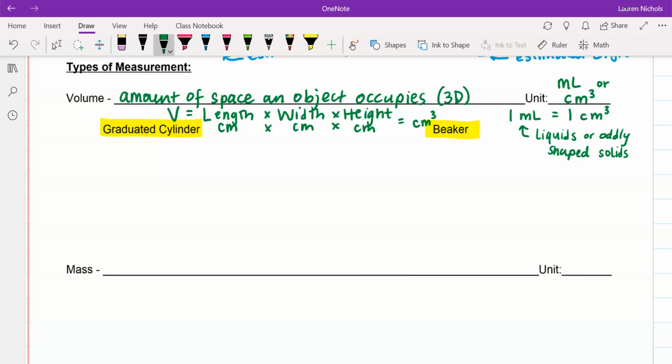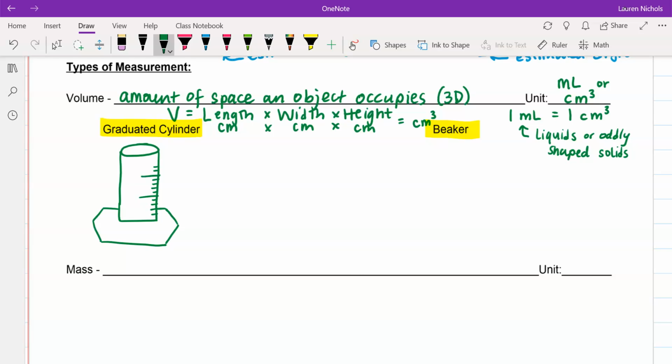And so a graduated cylinder, it's tall and skinny, and it's got a little base that holds it up. Okay, and it has graduations on the side. Those are the little tick marks there.